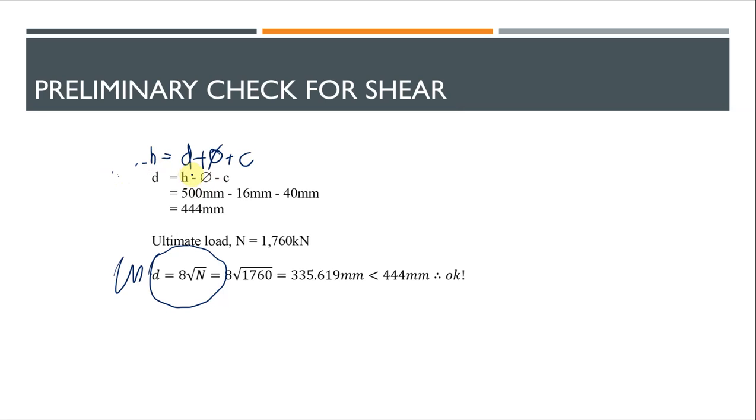So h here is basically from the assumption that we made. We assume that the height of the footing is 500 mm. This is our assumption, we just proceed with it. So 500, and diameter of bar, here I assume it is 16 mm.